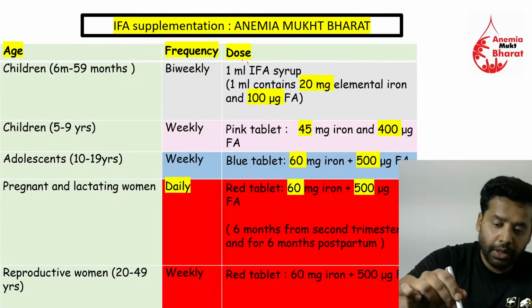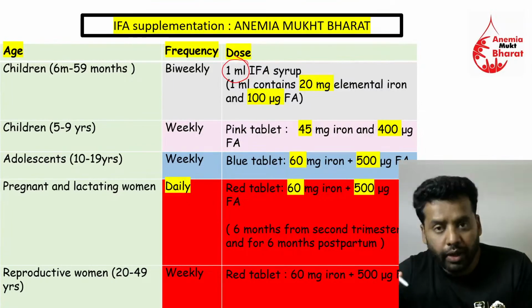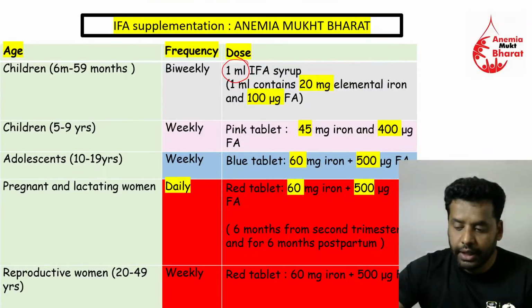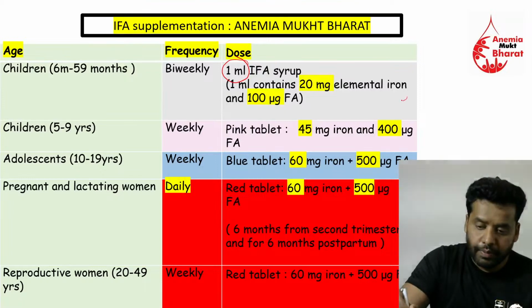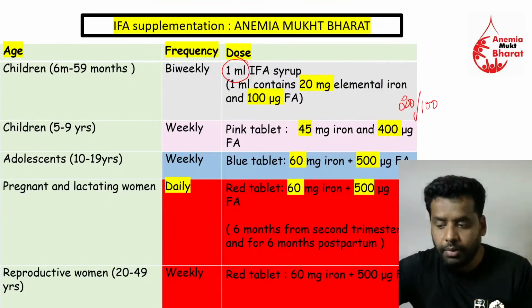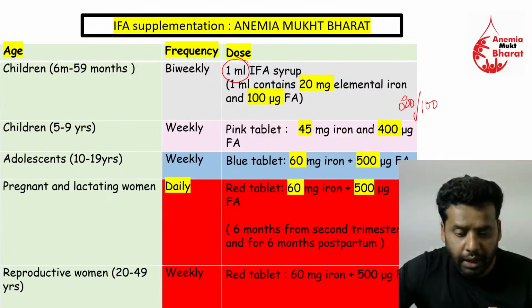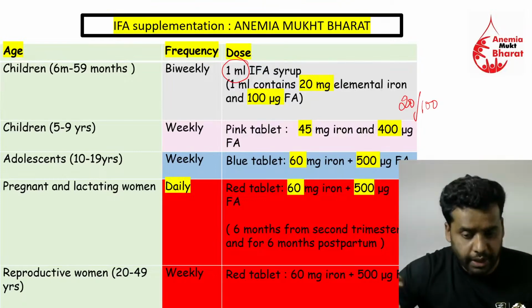It is 1 ml IFA syrup. The composition of 1 ml is 20/100. Highlight this number. 1 ml IFA syrup will have 20 mg of elemental iron and 100 microgram folic acid.